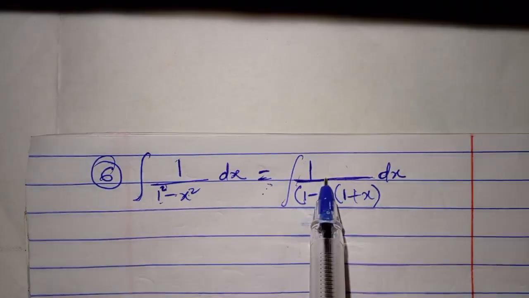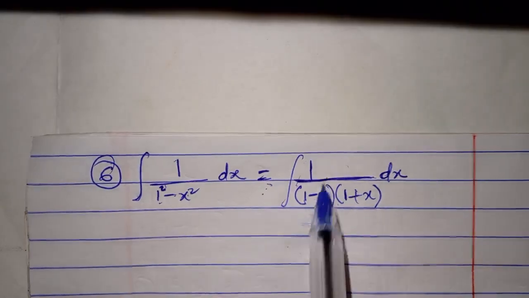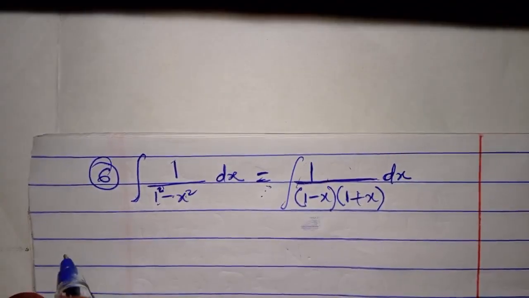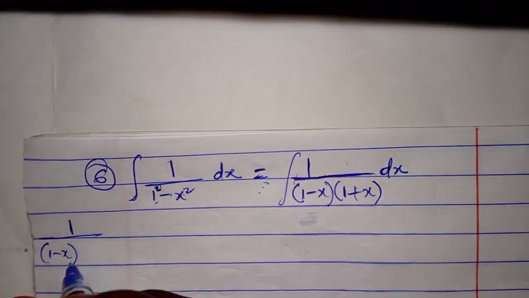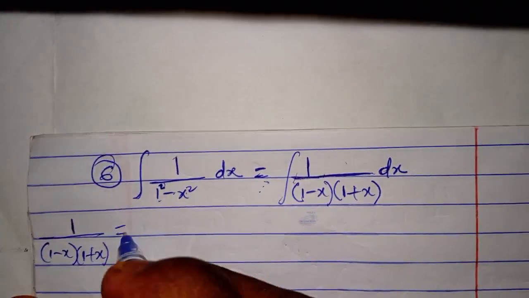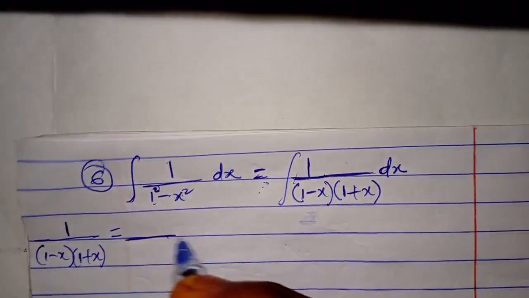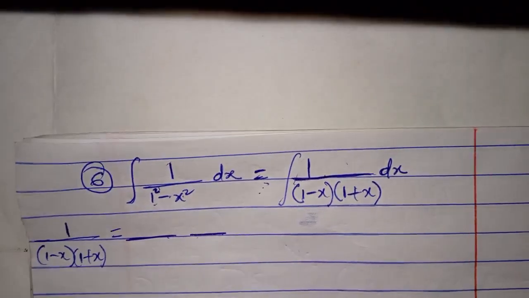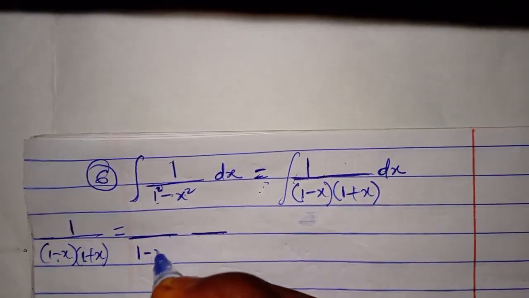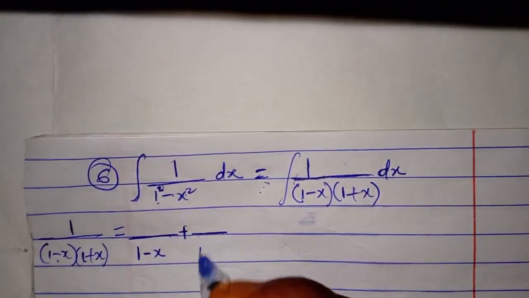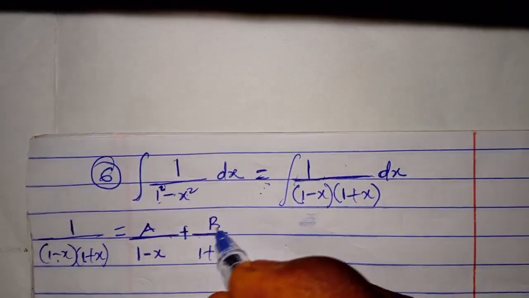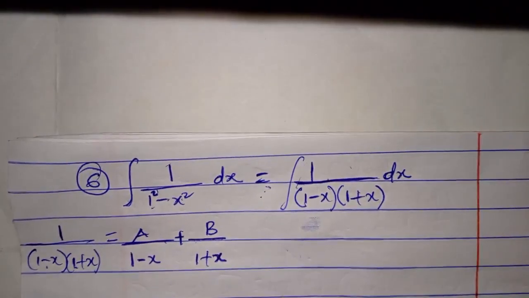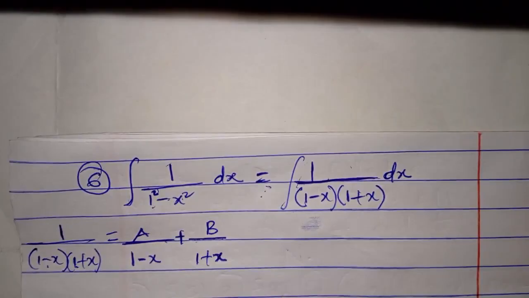Let us resolve this expression here into partial fractions. 1 all over 1 minus x, 1 plus x equals, the two factors at the bottom are linear factors, right? 1 minus x, 1 plus x. Since they are linear factors, we assign constants to their numerators. You can watch my video on partial fractions to understand what I'm doing here.